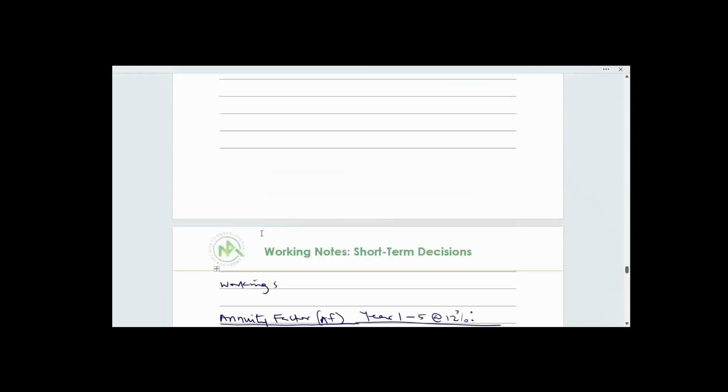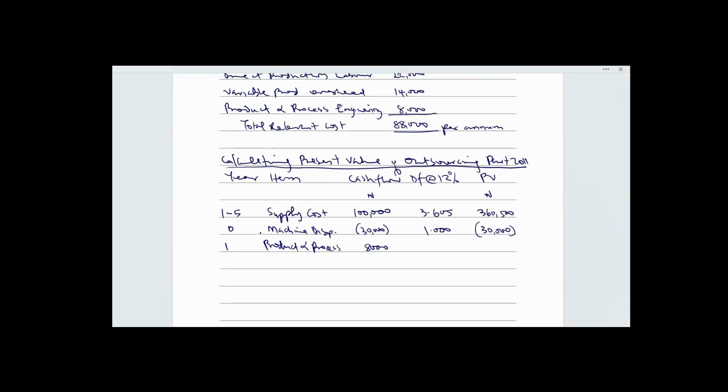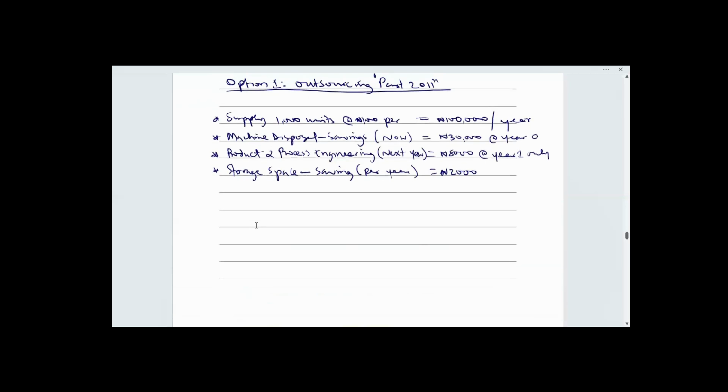Let's go and put it there: 0.893 multiplied by 8,000 equals 7,144.